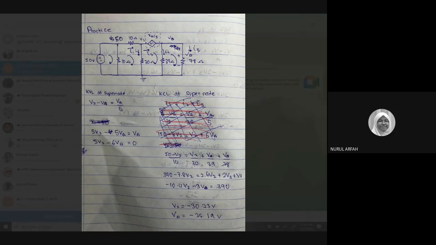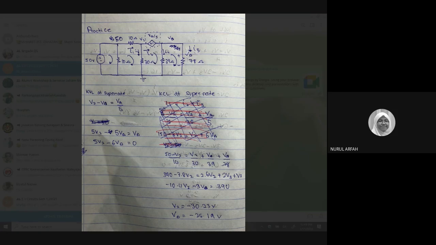Betul? This one. Oh, because of this. Your V2 minus V delta equal to V delta divided by 5. Tapi betul lah. You put a V2 kan? Betul. Maybe only the equation yang salah.